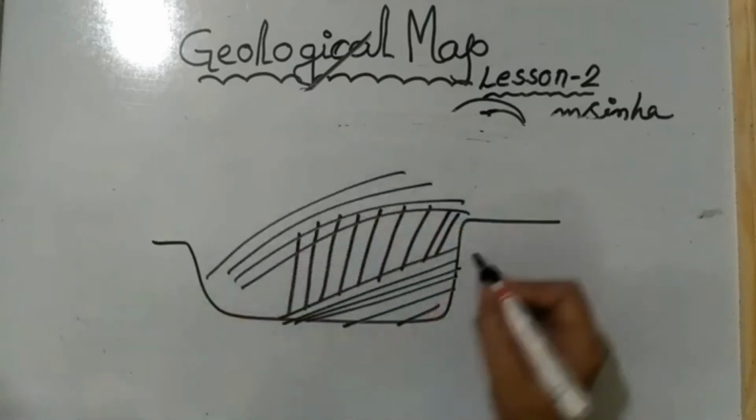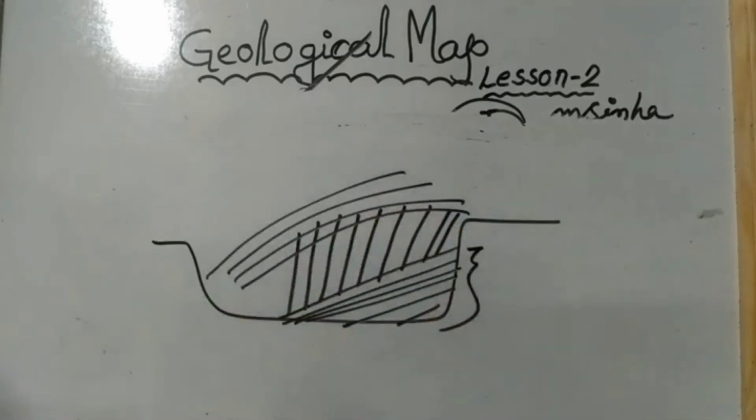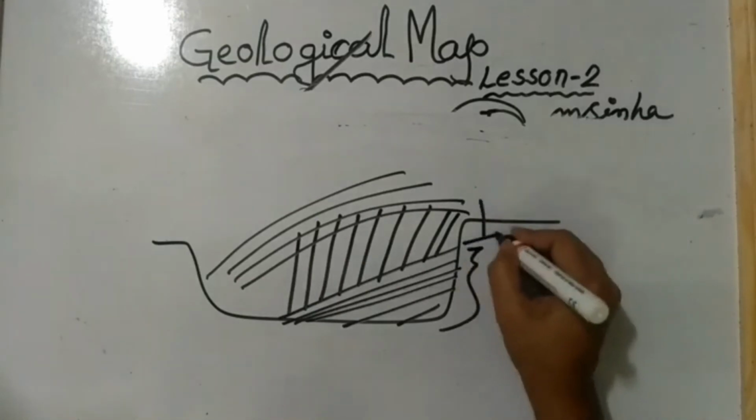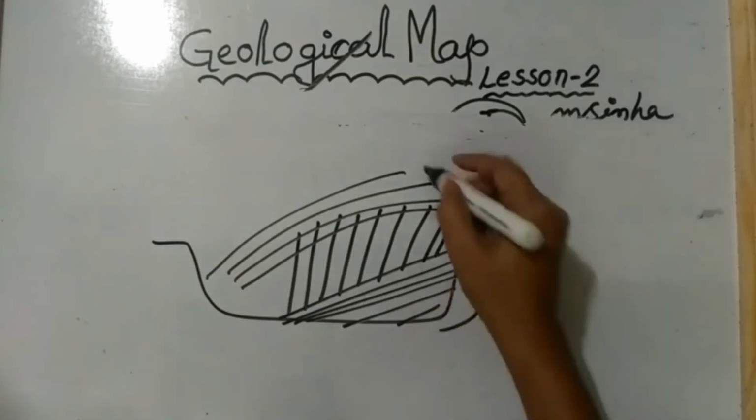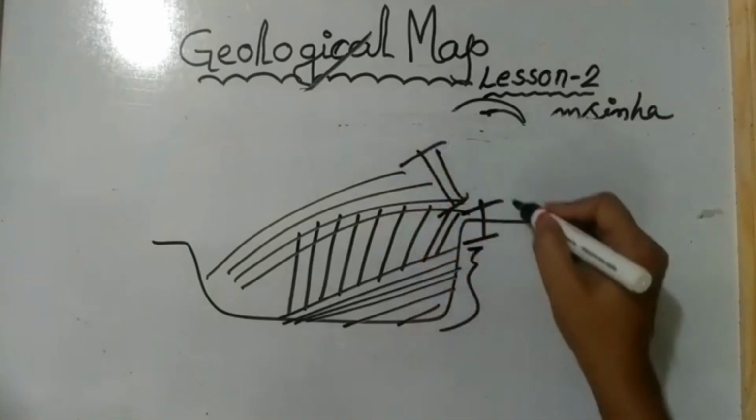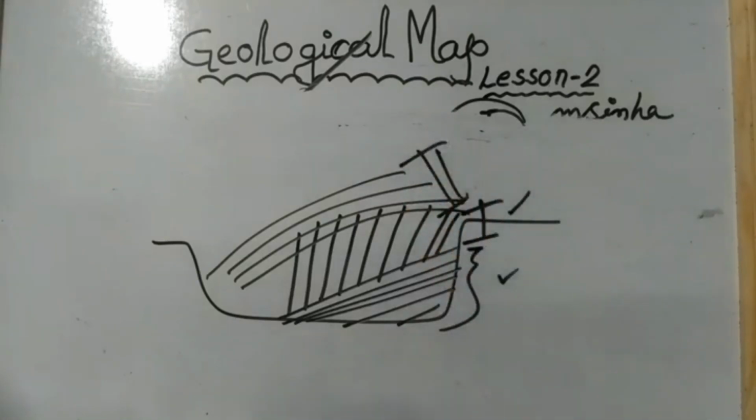This era and this type of formation and deposition is different from the intermediate stage, and this is also different from this one and this one. So you have to identify the changing point or changing zone.